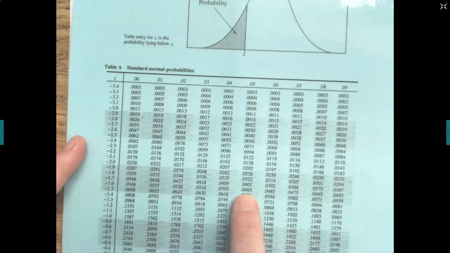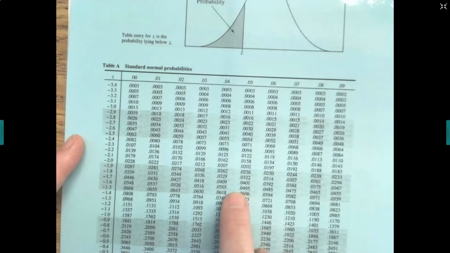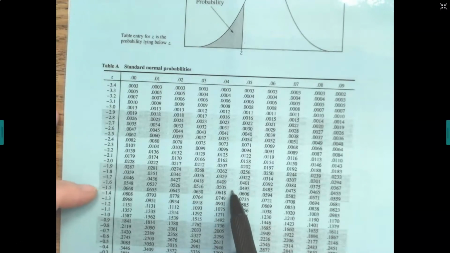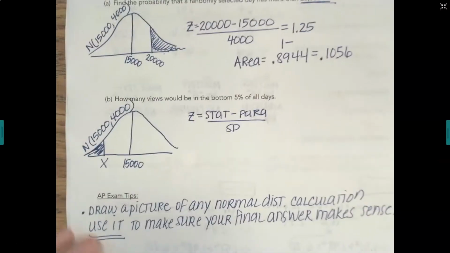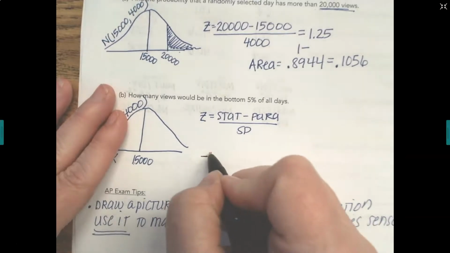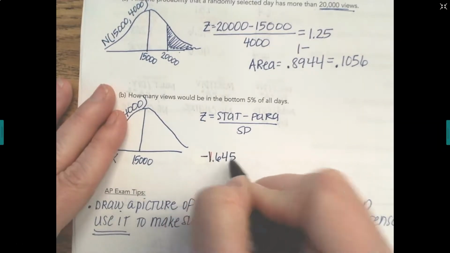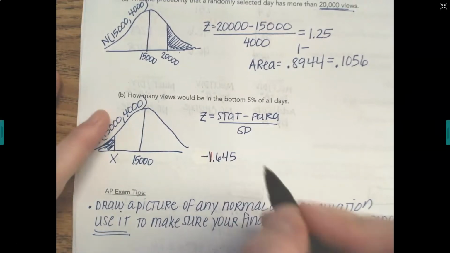I got 0.0505, but I noticed that 0.0495 is the same distance from 0.0500. So it actually happens right exactly in the middle between negative 1.64 and negative 1.65. So I'm going to use that as my z-score of negative 1.645. That's showing halfway between negative 1.64 and negative 1.65.